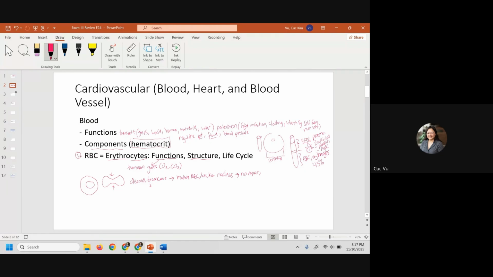And if there's no repair, it's going to get damaged as it squeezes through the blood vessels. So that's why it has a lifespan of how many days? 120. Yep, 120 days on average, and that's because it has no nucleus. In addition to not having a nucleus, it also lacks what other organelles? Mitochondria. Yep.